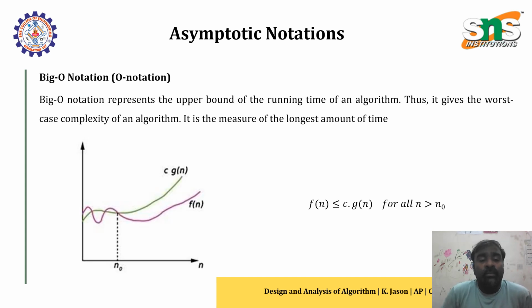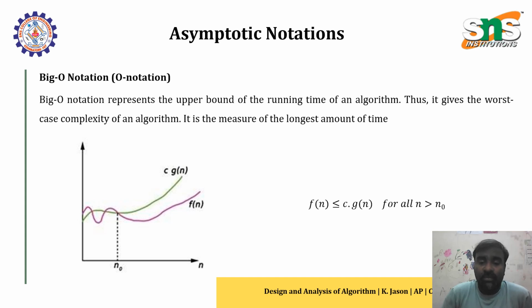Look at big O notation. First of all, you always write it as big O. Big O notation represents the upper bound of the running time of an algorithm. Thus, it gives the worst case complexity of an algorithm. It is a measure of the longest amount of time.